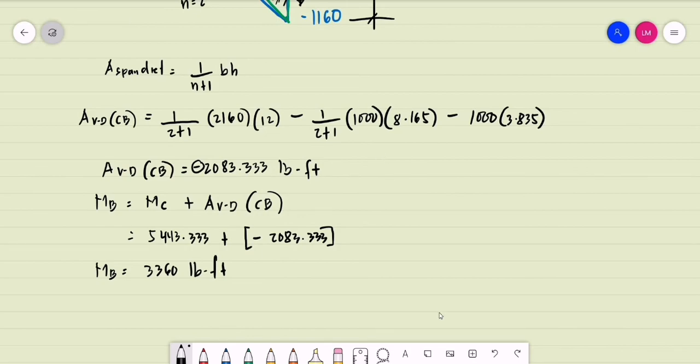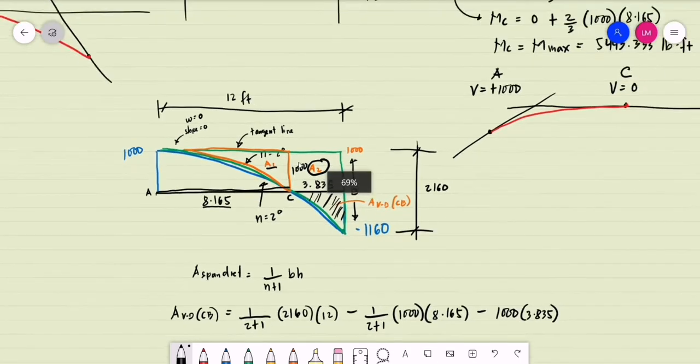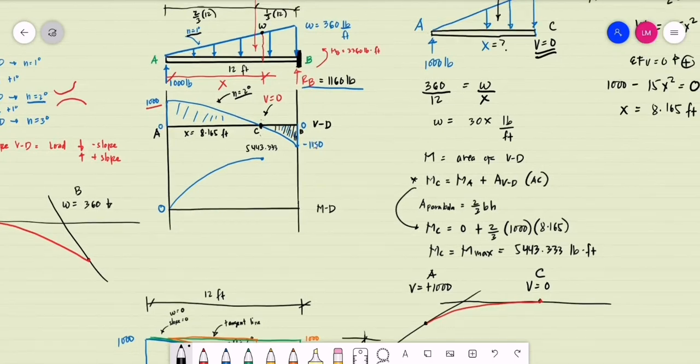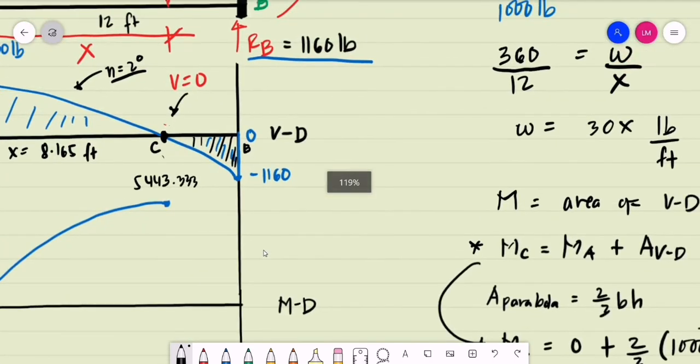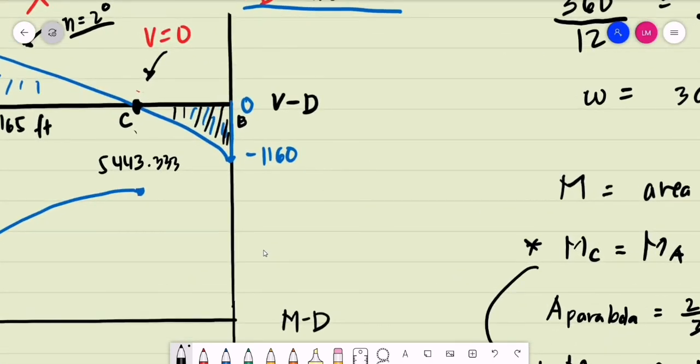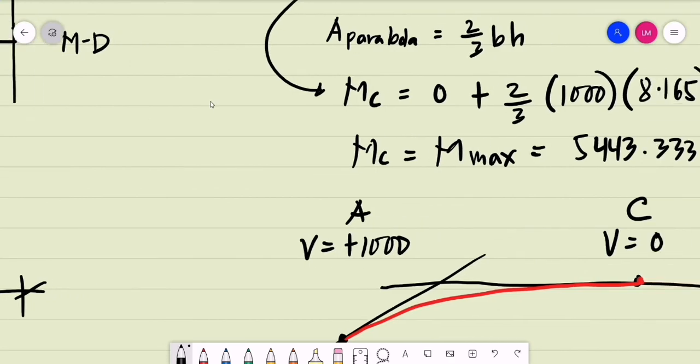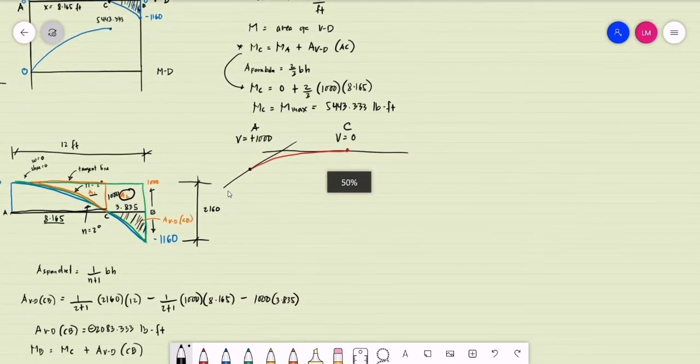So if we are to put this detail on our moment diagram, from 5,443.333, we go down to a value of 3,360. By the way, what will be the appearance of our graph?